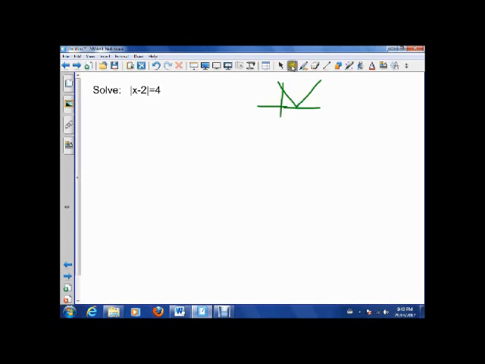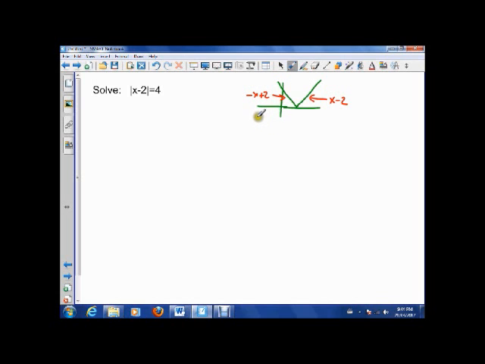What you'll see is that this branch right here has the equation x minus 2, and this branch right here has the equation, it's going down, so negative x, and the y-intercept's moved up to +2.